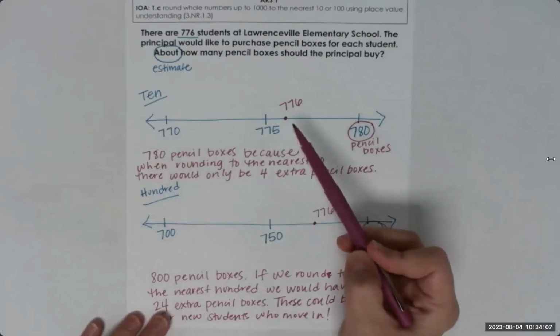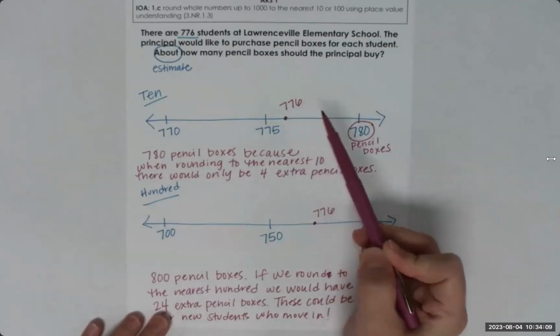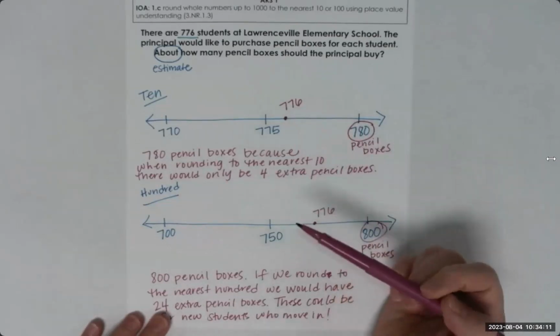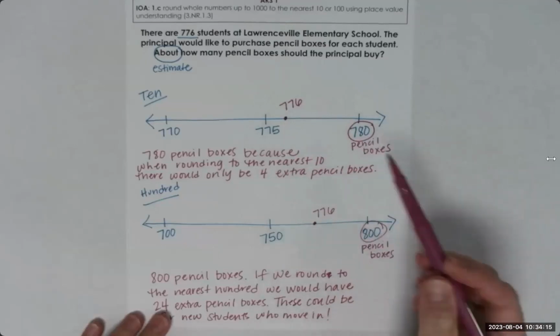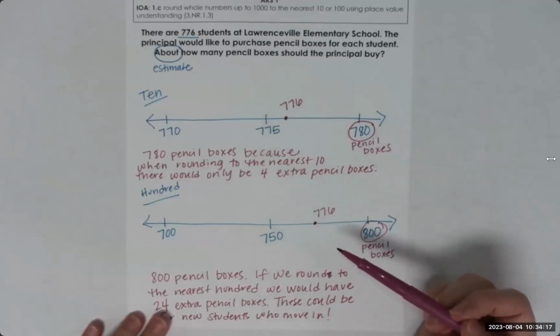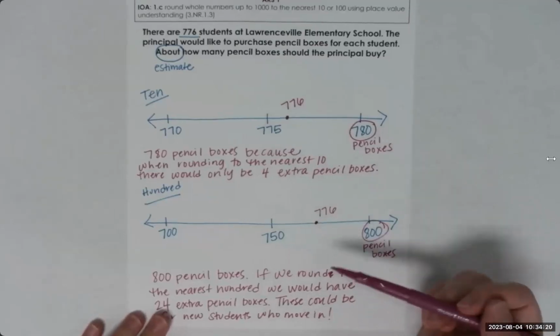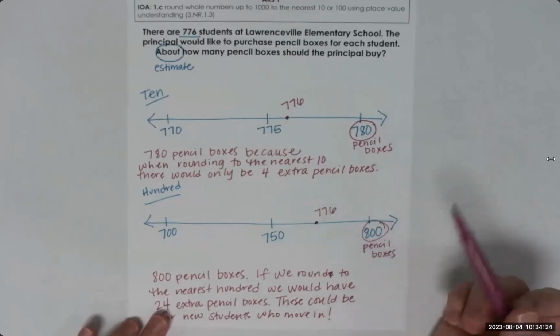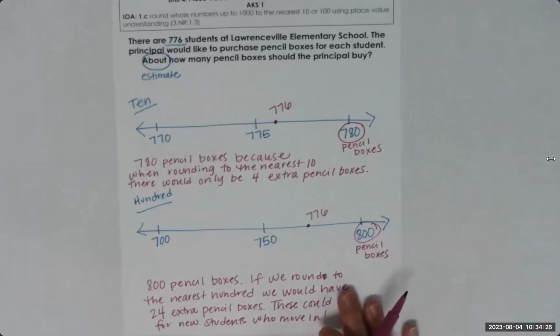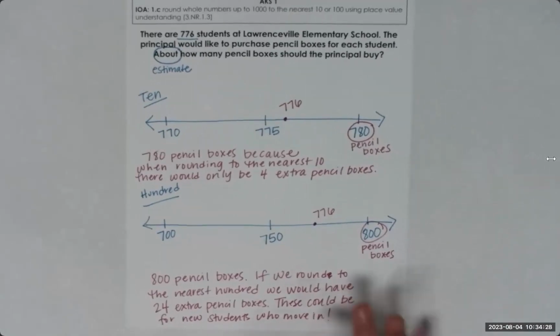And remember, it might also help them to see that they're only 4 away from 780 or 24 away from 800, because they're not going to see that when they're using just generic rounding rules. So remember, anchor your rounding with those number lines, utilizing those benchmark numbers and midpoint numbers to help your students to be successful.